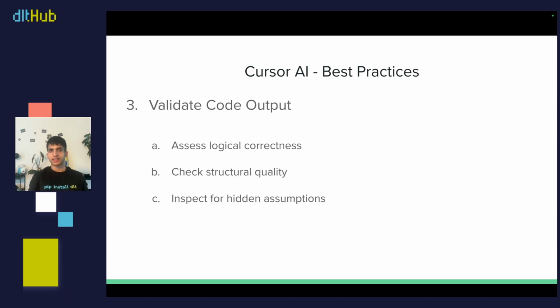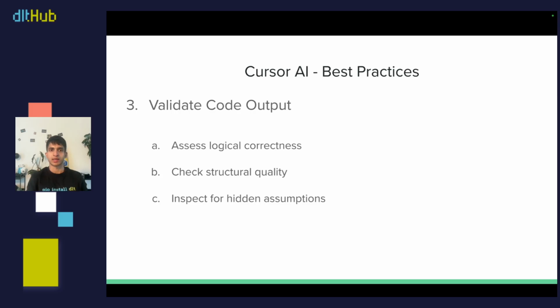Next is, of course, to validate your code output. When you are creating a dlt pipeline, just because it runs properly doesn't mean that it has done its job successfully.